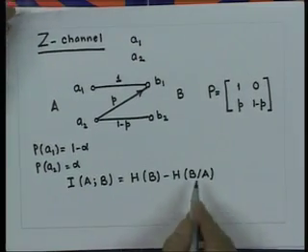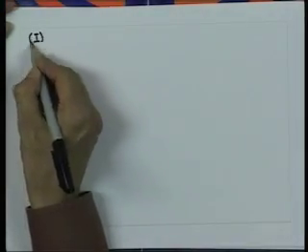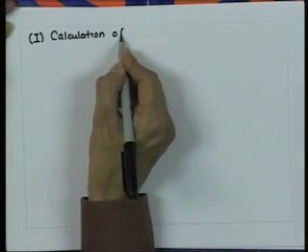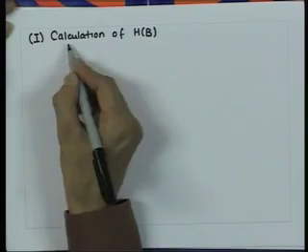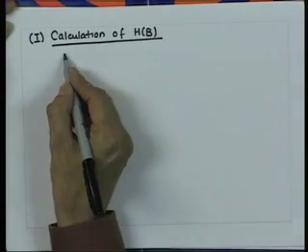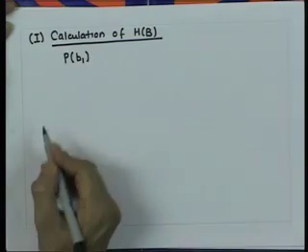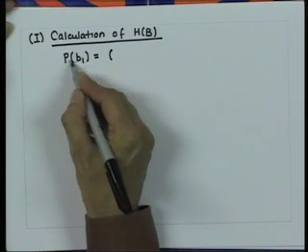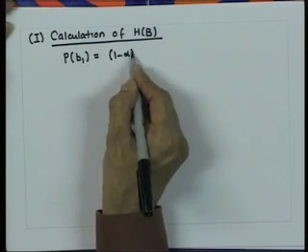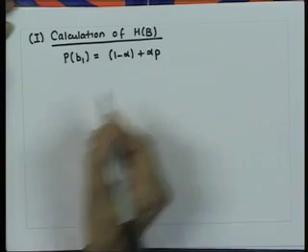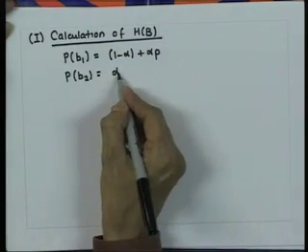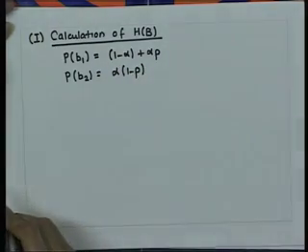So, calculation of H(B) requires calculation of the probability of output symbols B1 and B2, which is given by P(B1) equal to 1 minus alpha plus alpha P, and probability of B2 is equal to alpha into 1 minus P.